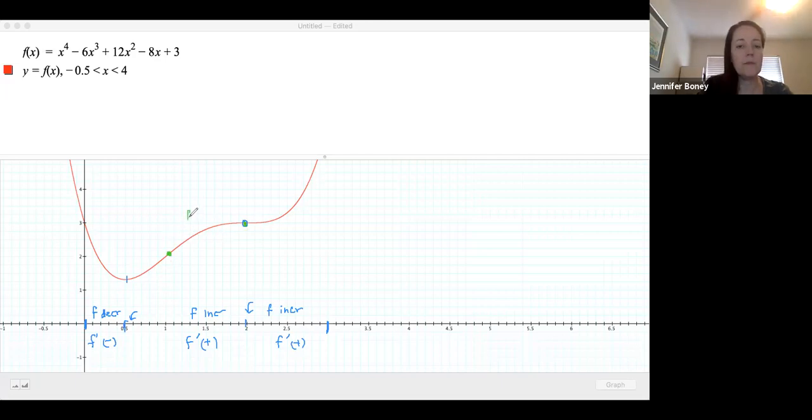So my second derivative is negative in this center section where I have this curved down section, and it's positive elsewhere other than at those 2 spots where the second derivative is 0.